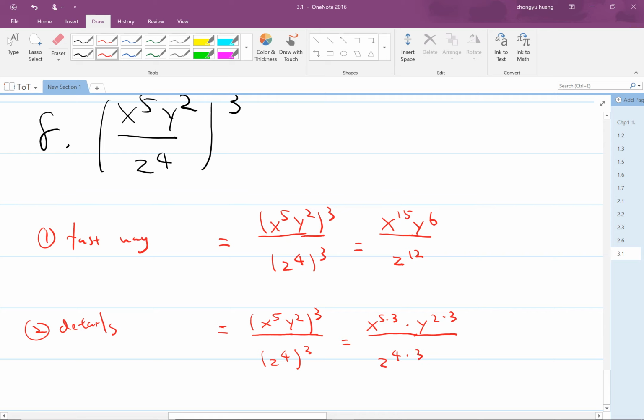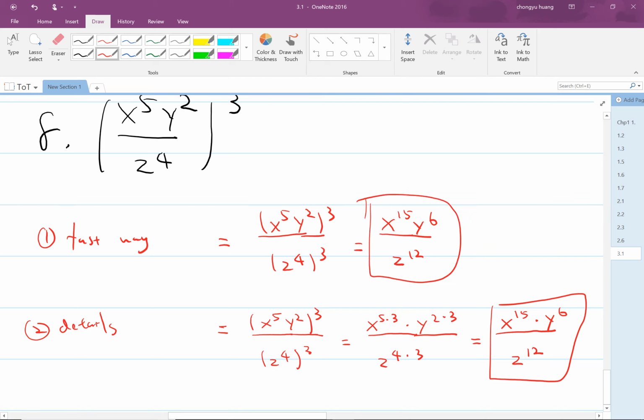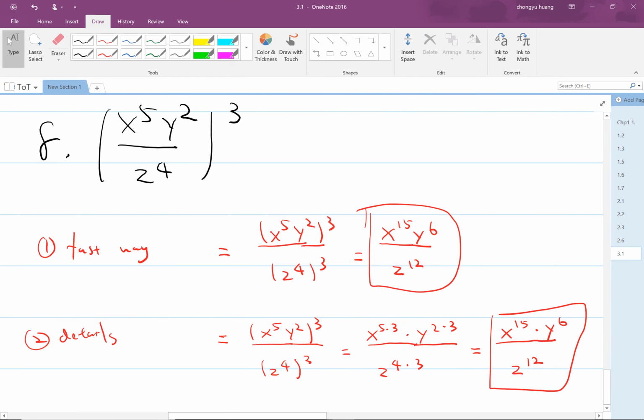So 5 multiplied by 3 is 15, y to the power 2 multiplied by 3 is 6, and z to the power 4 multiplied by 3 is 12. So you can see the answer is the same. The answer for question 8 is x to the power 15 multiplied by y to the power 6, over z to the power 12.